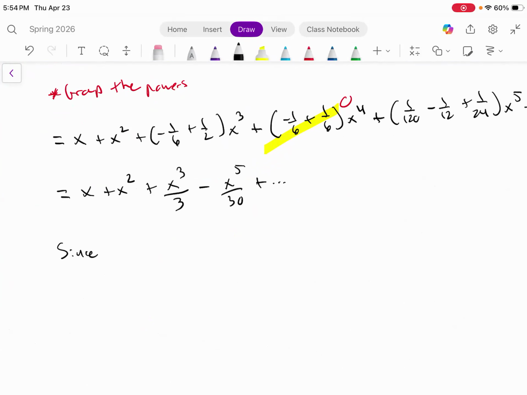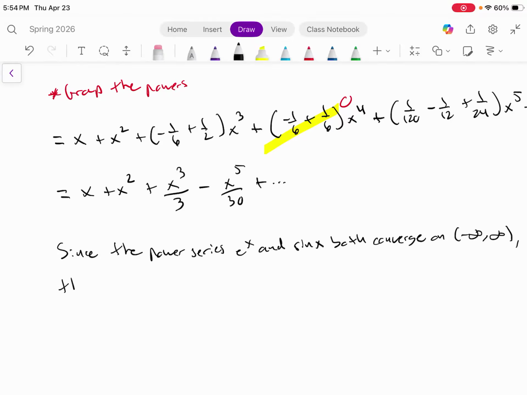Since the power series for e to the x and sine of x both converge on negative infinity to infinity, this product series also converges on negative infinity to infinity.